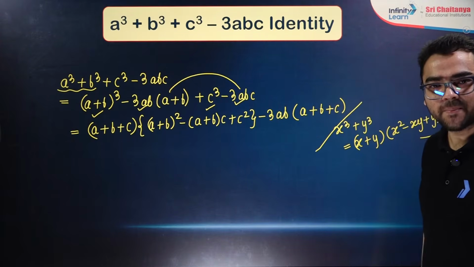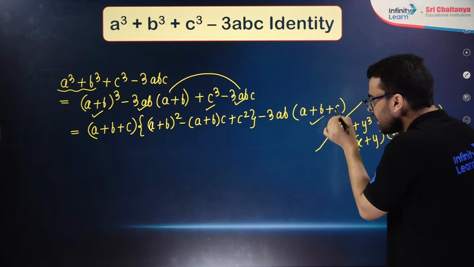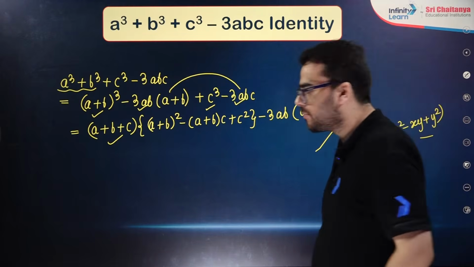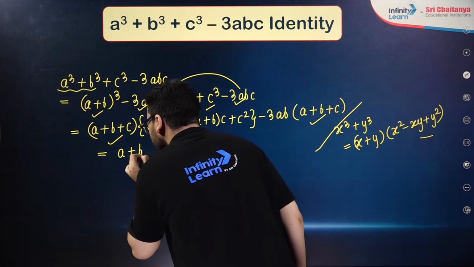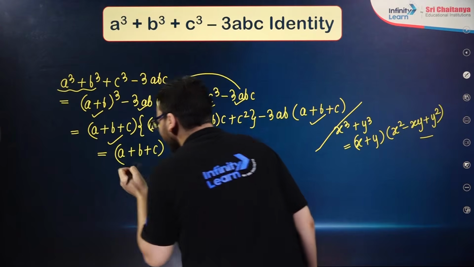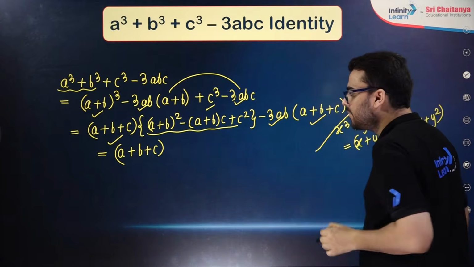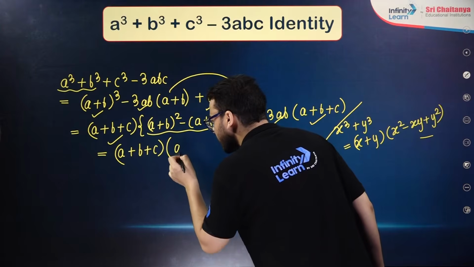I hope that's clear. Now from this whole expression, can I not take a plus b plus c as common? So you'll be left with a plus b plus c, and in the bracket, this minus 3ab. So you can just open it up. A plus b the whole square is what, guys?